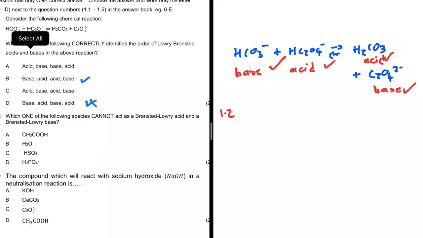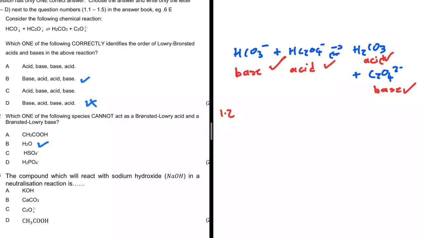So we are looking for a species which is not amphiprotic, which cannot act as both a base and an acid. We know fully well that H2O is an amphilite. It can act as both an acid and a base. So option B cannot be our answer, because we are looking for a species which cannot.